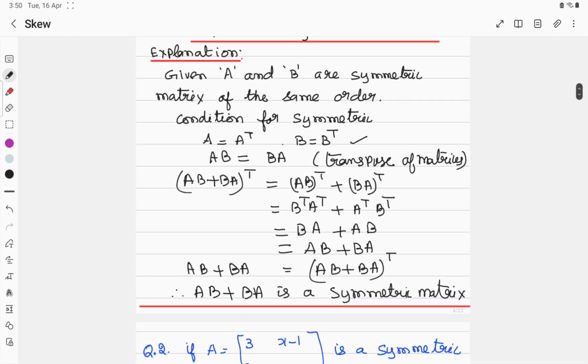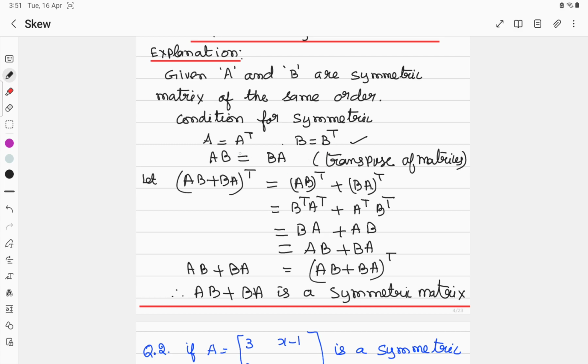Then, let AB plus BA transpose. Now, it is AB transpose plus BA transpose, and then that is equal to B transpose A transpose plus A transpose B transpose.